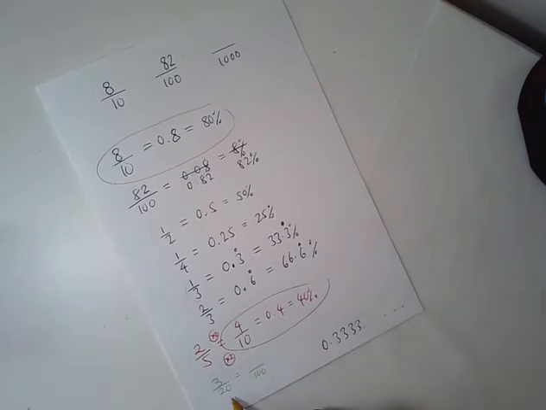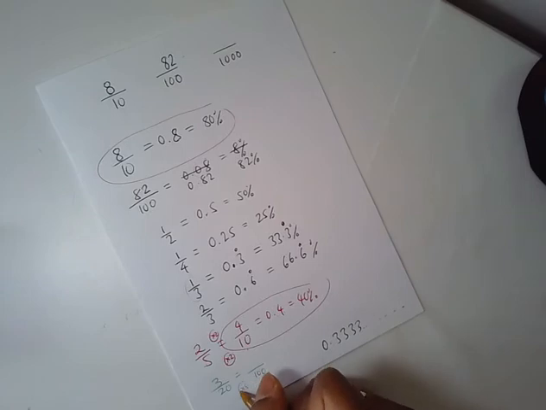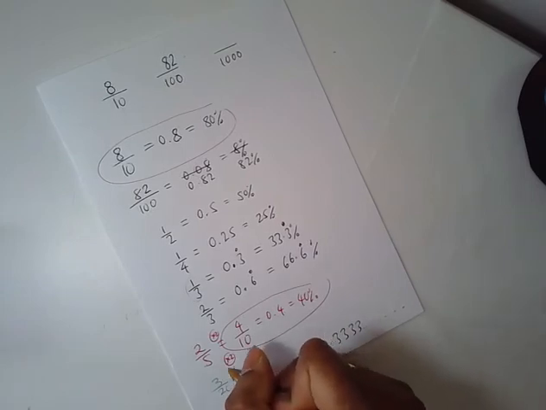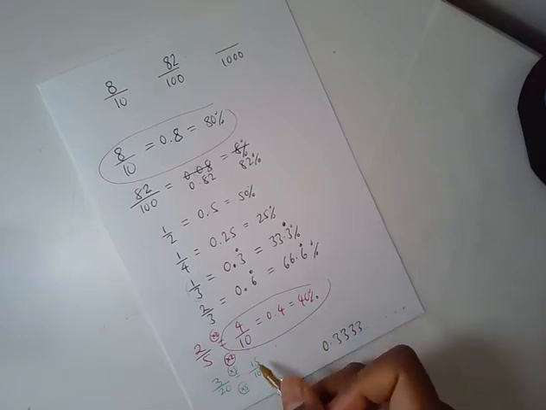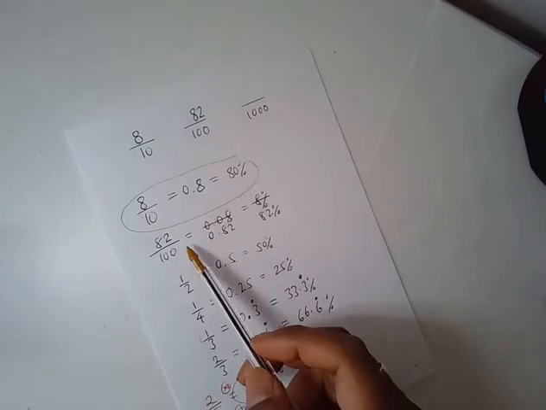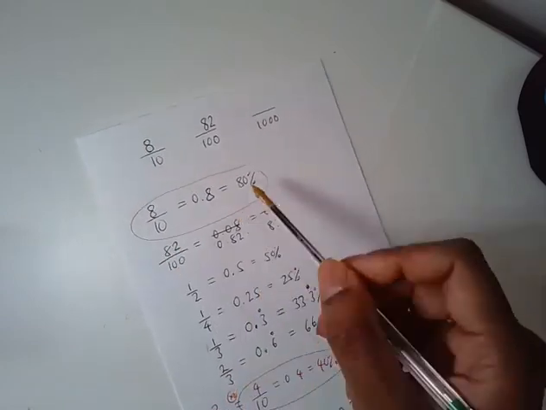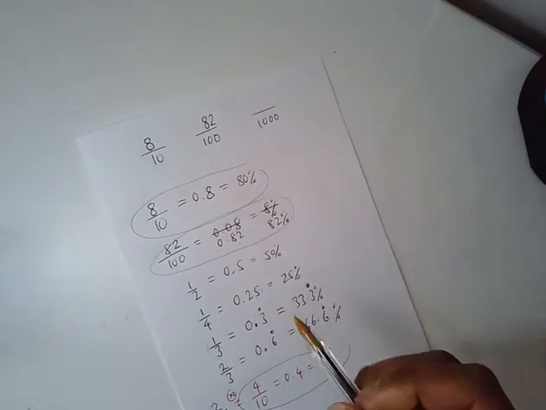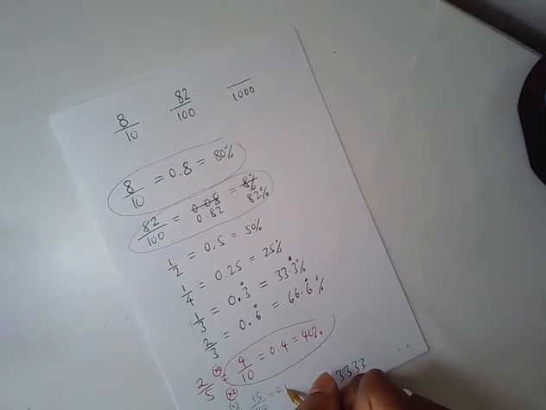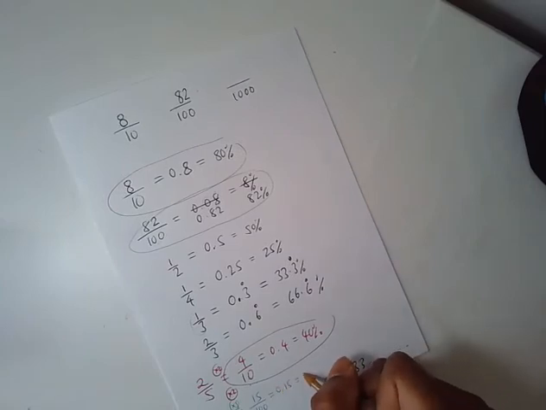How? Well, what do I times the 20 by to get 100? Times by 5. 20 times 5 is 100. Whatever you do to the bottom, do to the top. 3 times 5 is 15. So that's 15 out of 100, 15 hundredths. It's very similar to this question. That's going to be 0.15. 15%.